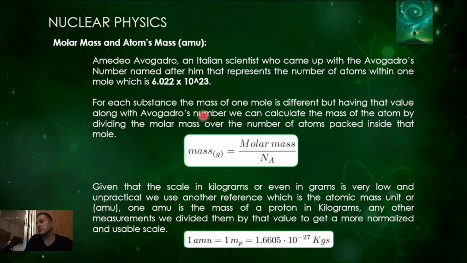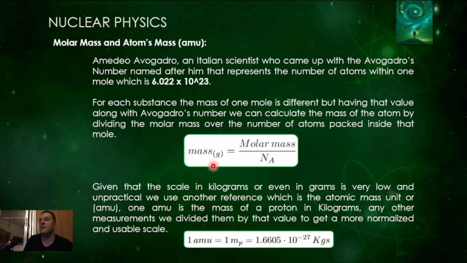For each substance, the mass of 1 mole, which is some type of fixed amount, is different. But having that value along with Avogadro's number, which is a constant, we can calculate the mass of one atom by dividing the molar mass by the number of atoms packed inside that mole.